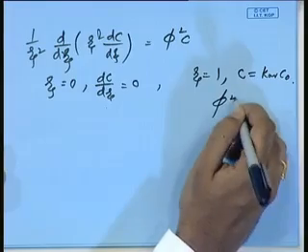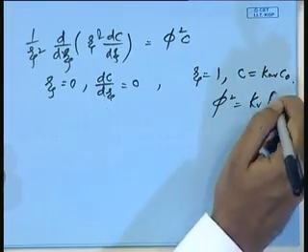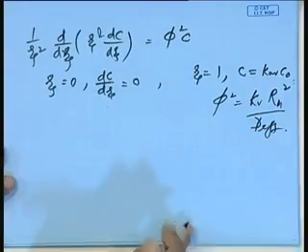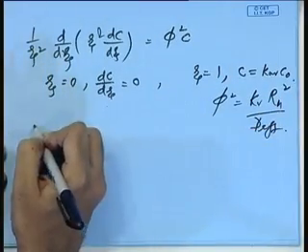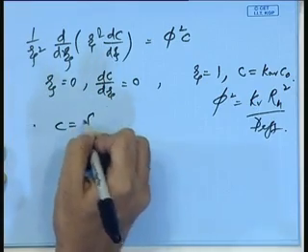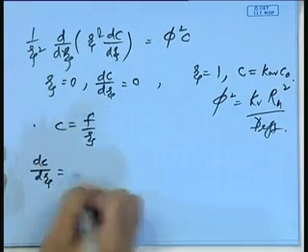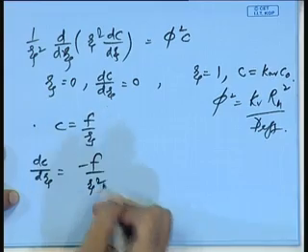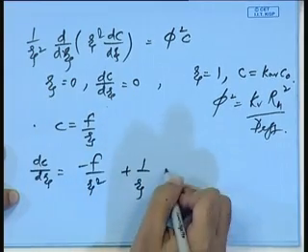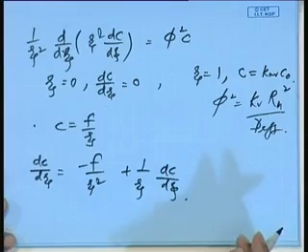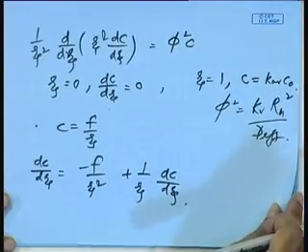So now my assumption is c equals f over psi. So del c del psi equals minus f over psi square plus 1 over psi del f del psi, right? Done.